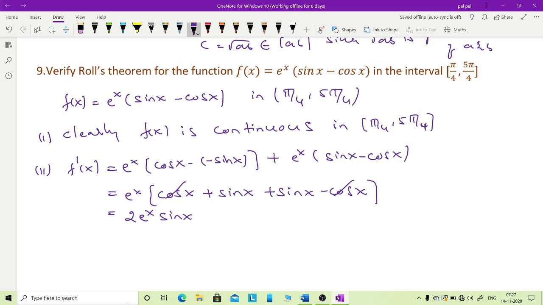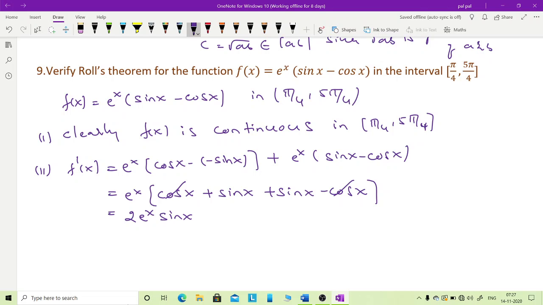f dash of x is defined. f dash of x does not become infinite or indeterminate in the interval pi by 4 to 5 pi by 4. Pi by 4 is 45 degrees, 5 pi by 4 means 45 into 5, around 225 degrees. So in that interval no indeterminate form comes; the function here is e to the power of x sin x.